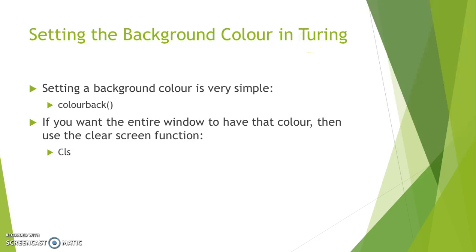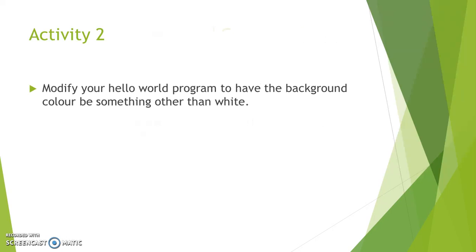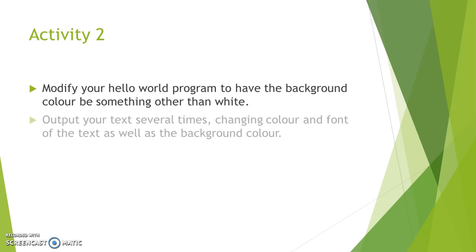So, that's setting background colors. You should be able to pretty easily modify your Hello World program now to have the background color be something other than white. Be sure to combine that with your newfound skills around fonts. Go ahead and make modifications to your program several times.